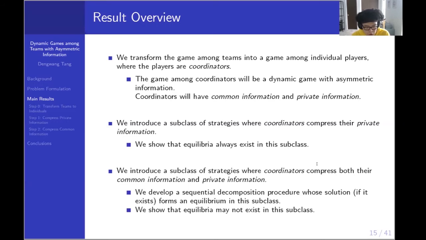However, since we compress too much, we have equilibria loss: equilibria may not exist in this subclass in all games. So there is a contrast between the two compressions. Any questions to this point before I jump into the steps?